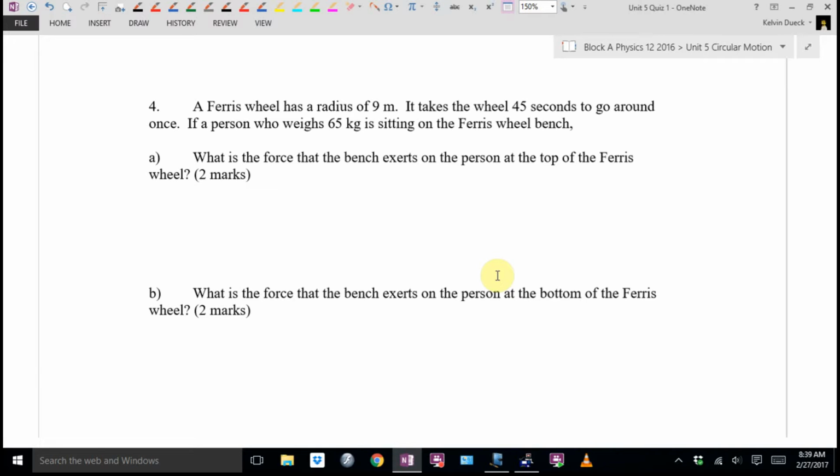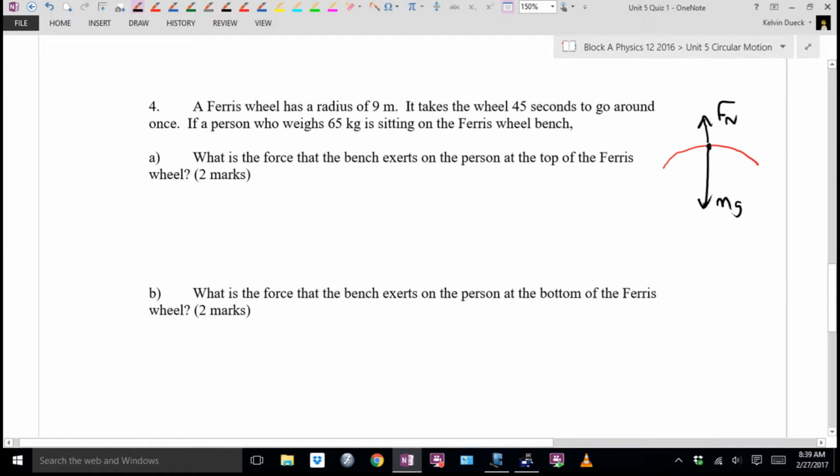Okay, at the top of the Ferris wheel, which looks like that, what are the forces acting on this person? The obvious one is gravity, normal force. So I think I'm going to have as an equation at the top, gravity minus normal force is what's pushing me in a circle. I've done this dance before where I plus that and minus that over.